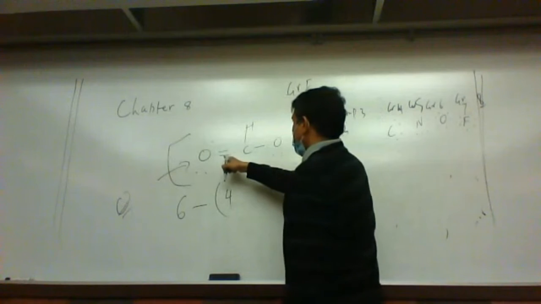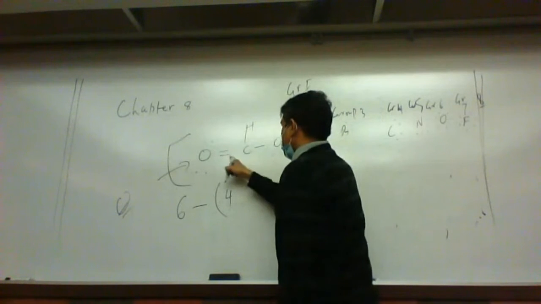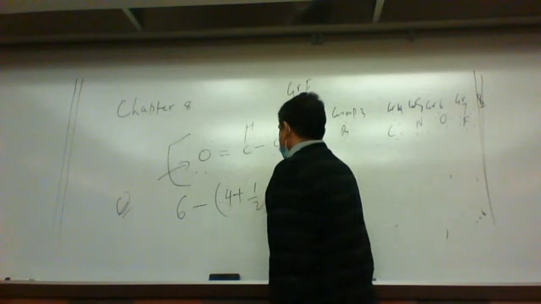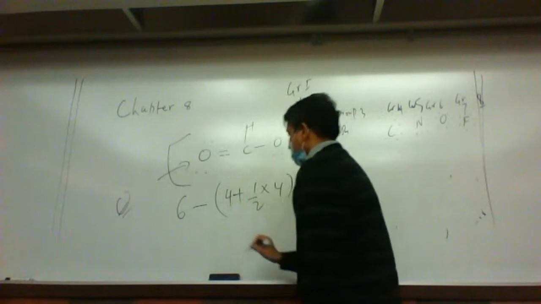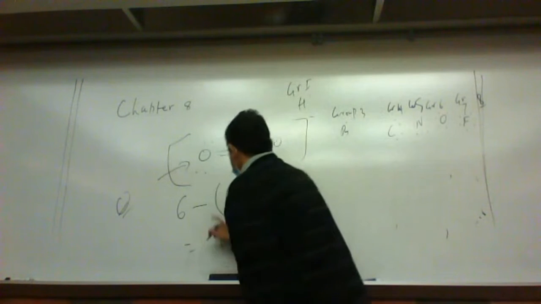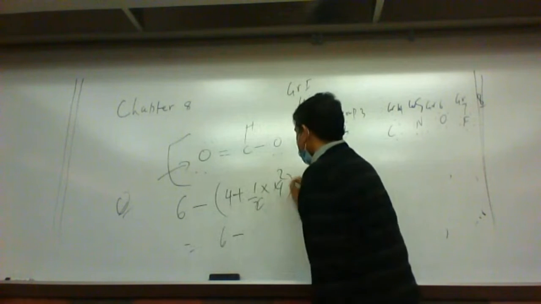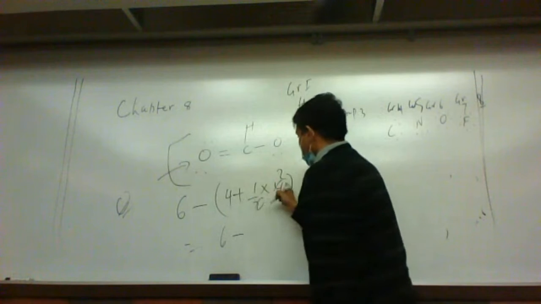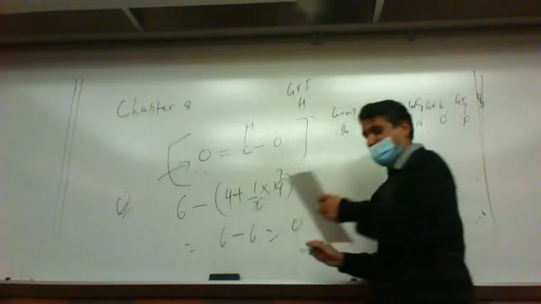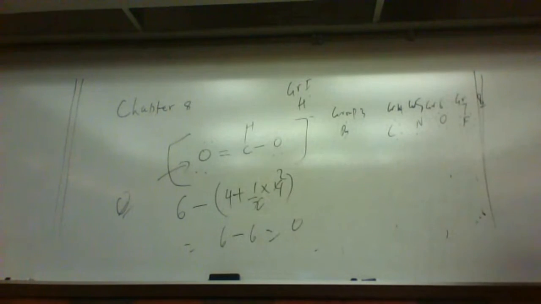And then how many bond pair there? 1, 2, 3, 4. Plus half of 4. So 4 and 2 becomes 6. 6 minus 6 is 0. So that has 0. Make sense?